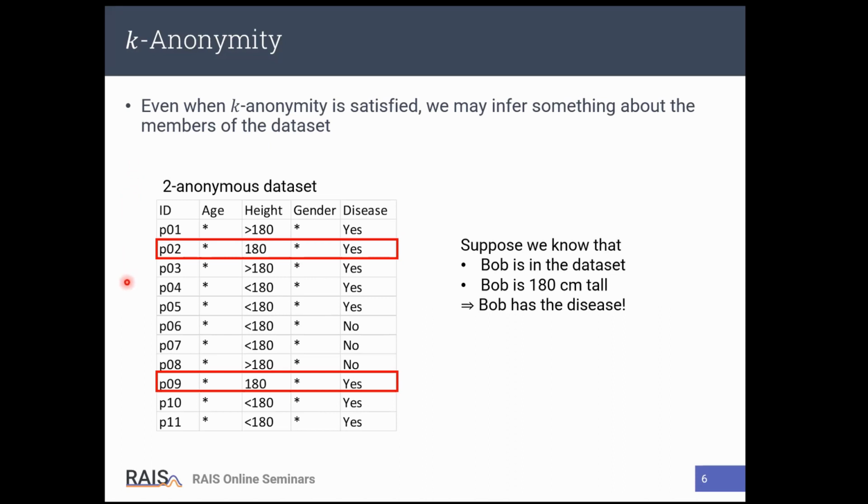We are still able, for example, to tell that regardless of whether Bob is PO2 or PO9, only these two users are 180 centimeters tall. Either of these two users is Bob, but both of them have the disease. So regardless of which of the two is Bob, we still know that Bob has the disease.